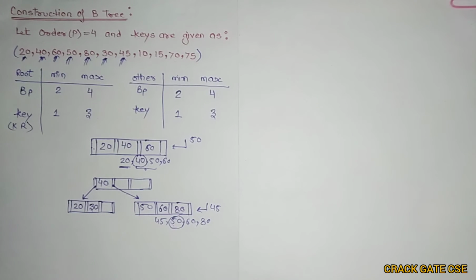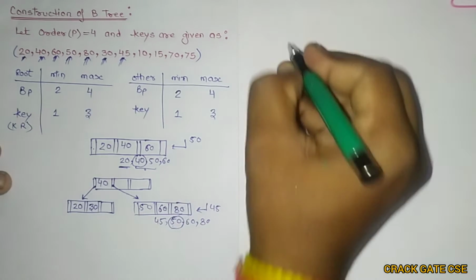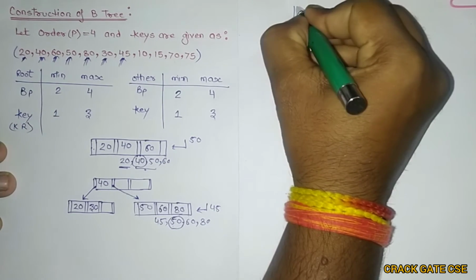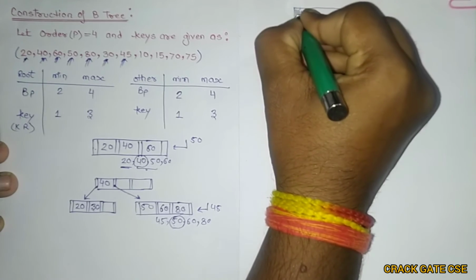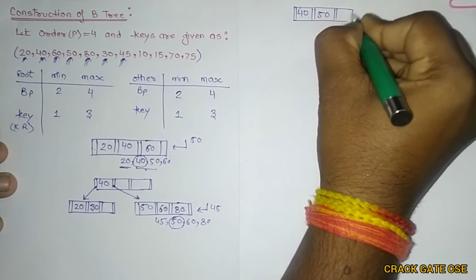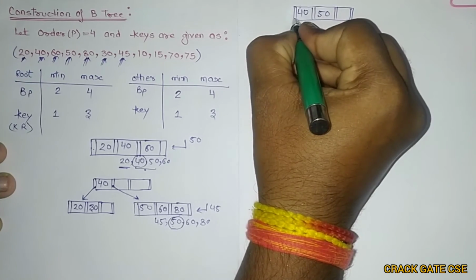Now we will be again creating a tree. So this 50 should be moved upward because we cannot split it further, because space is available on the previous level, right? So it should look like 40, then 50, and still there is one space available at the root.